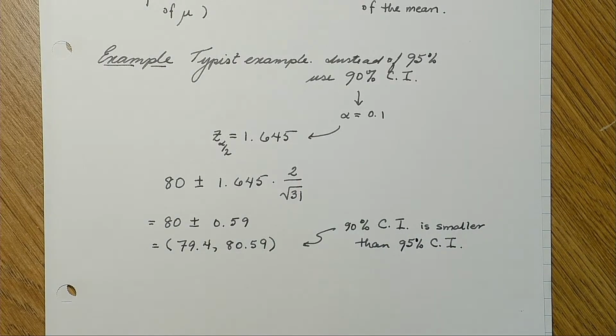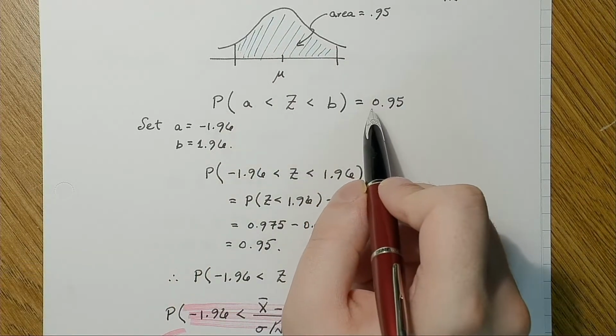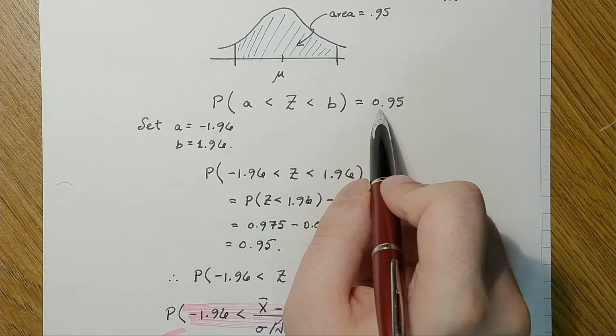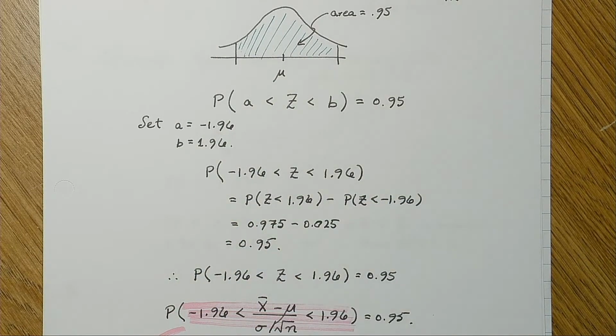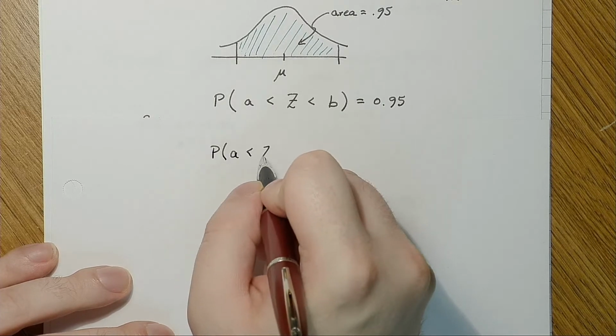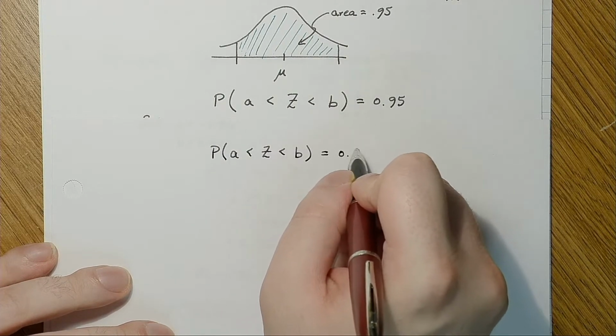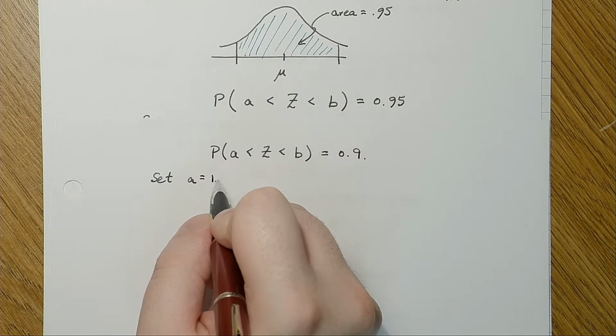So how do we get the 1.645? It's very similar to how we do it on this one right here. So instead of setting it to 0.95, you would set it to 0.9. Then you will have to go and look for the values on your standard normal table. So in this case, I need to set it to 1.645.